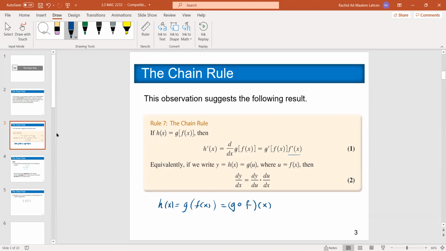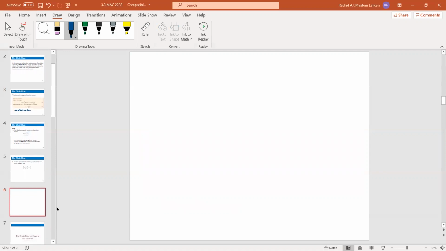And on some occasions, you can get away without using the chain rule. For example, you can multiply. Here, you have f of x equals 3x plus 1 times 3x plus 1, right?